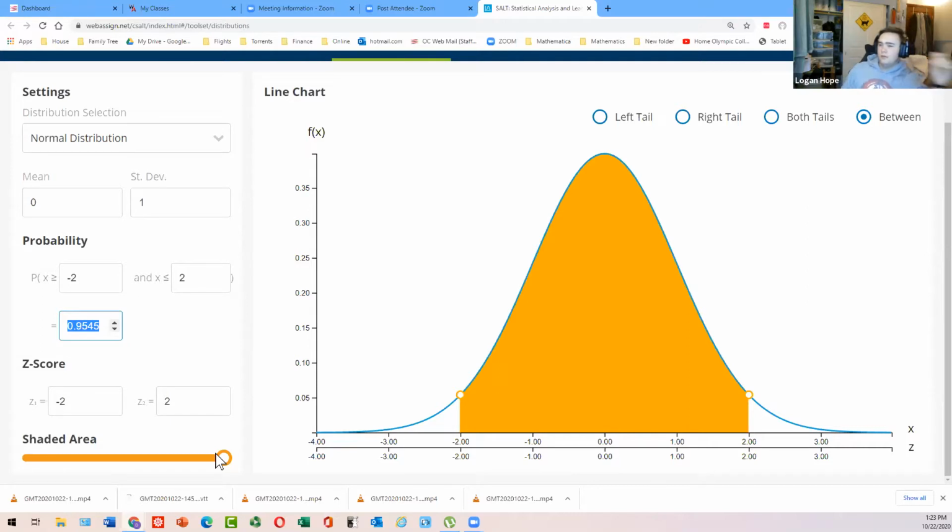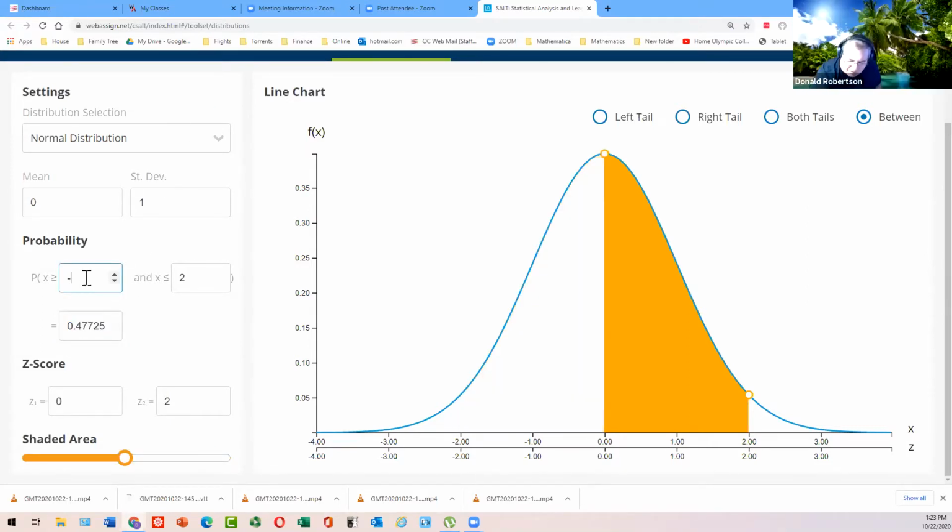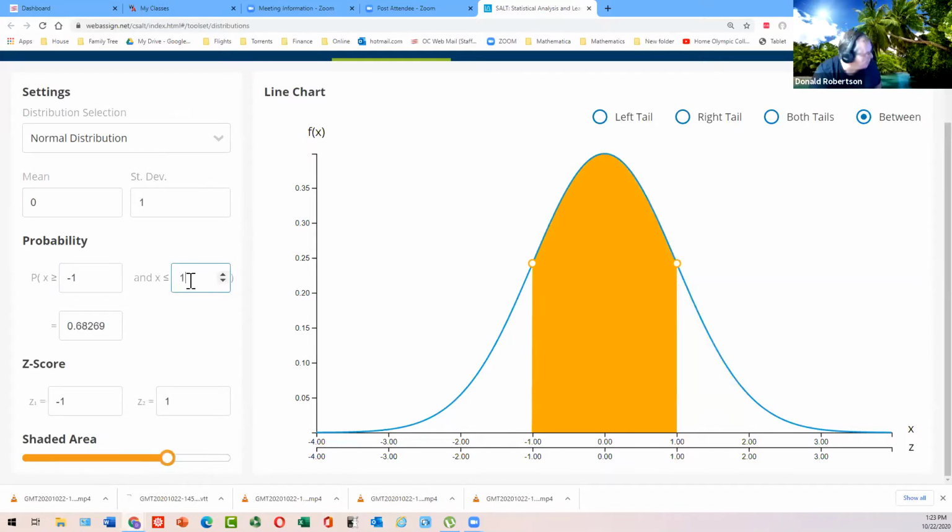68. So if I change this to -1 and I change this one to 1, shouldn't I get, and guess what, I did. Isn't that darn close to being 68%, at least to the nearest whole number?